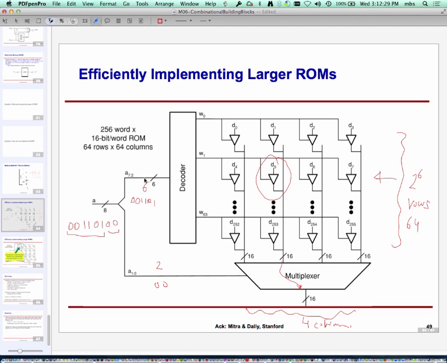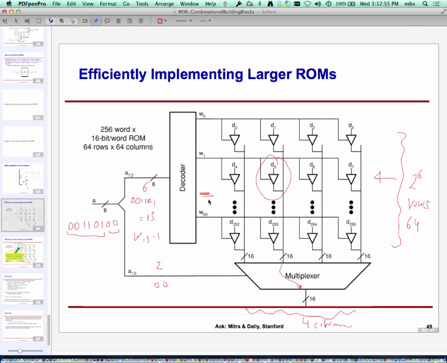Now, this 0, 0, 1, 1, 0, 1 corresponds to 8 plus 4, 12, 13, right? So the 13th row will be activated. So W13 would be 1. One of these lines, a row, will get activated, and all the rest of the W's would be 0.